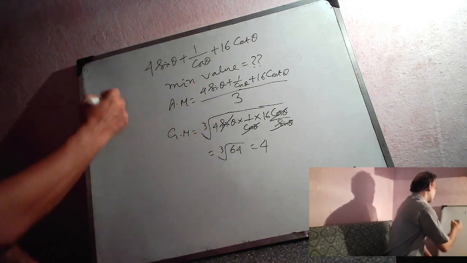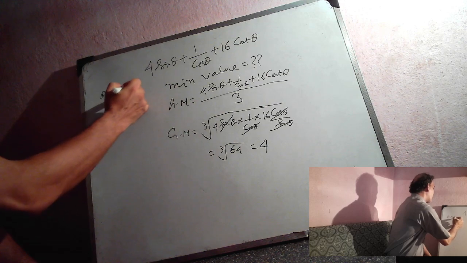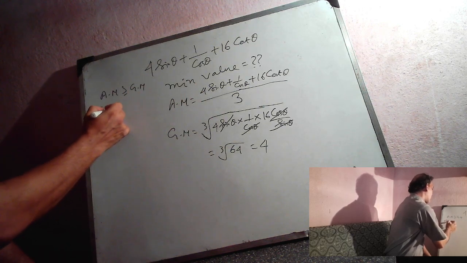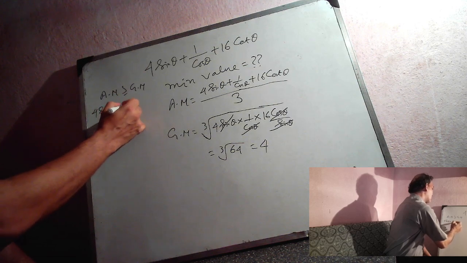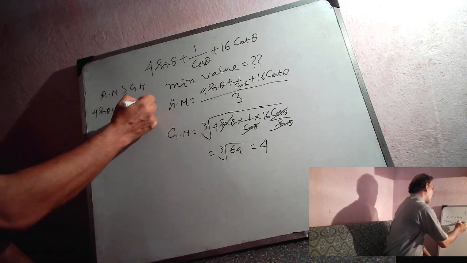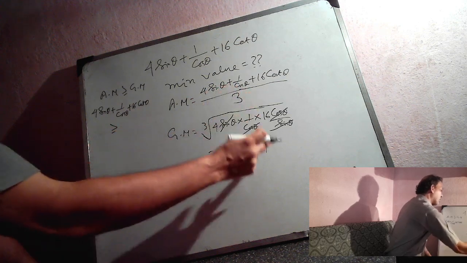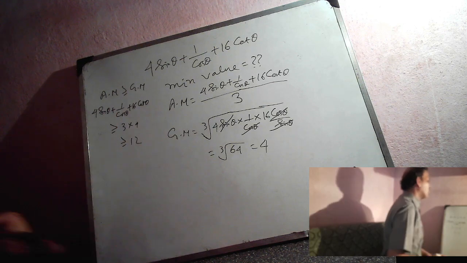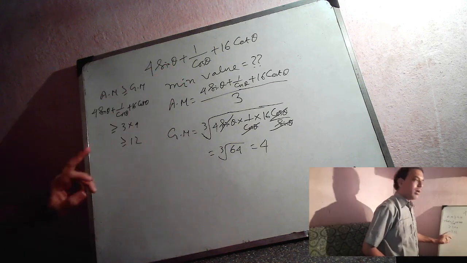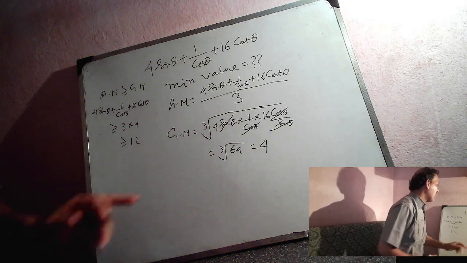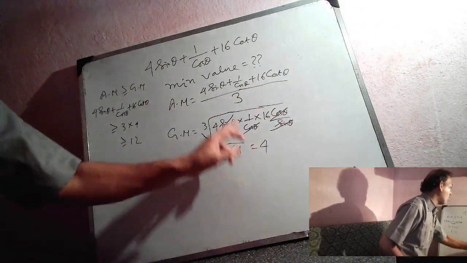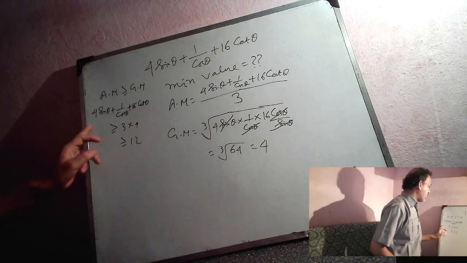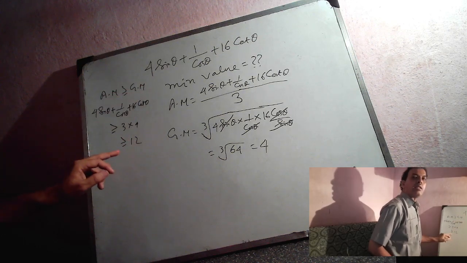Now AM is greater than or equal to GM. So 4 sin theta plus 1 by cos theta plus 16 cot theta is greater than or equal to 3 into 4, that is 12. So its minimum value will be 12. We cannot say what will be its maximum value.